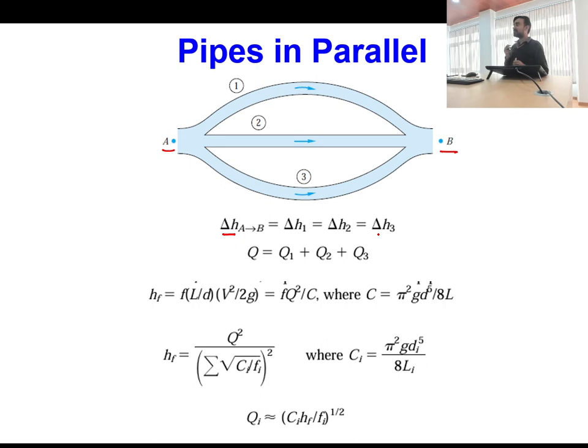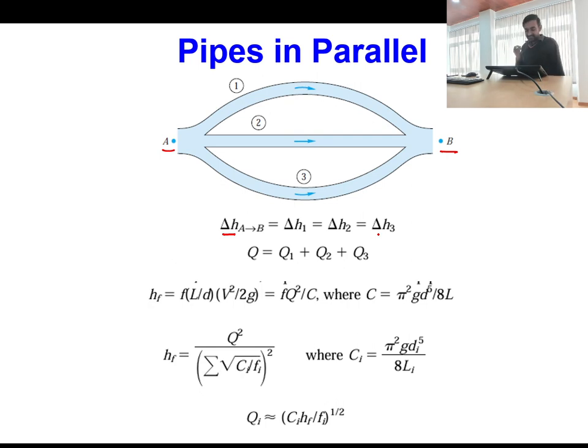In this scenario, the flow gets distributed into the individual pipes if their other characteristics are different, such as length, diameter, or roughness. Accordingly, the flow adjusts in the individual pipes so as to keep the head loss, the pressure drop, in each pipe the same.